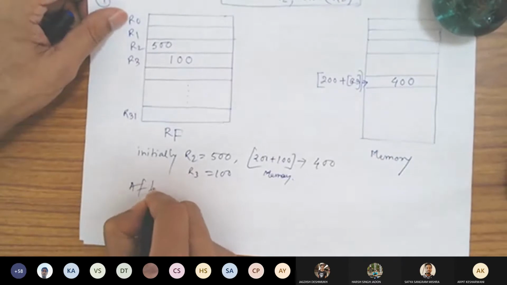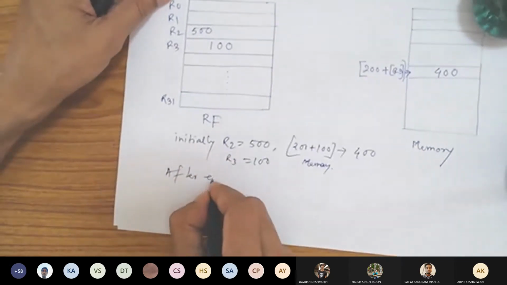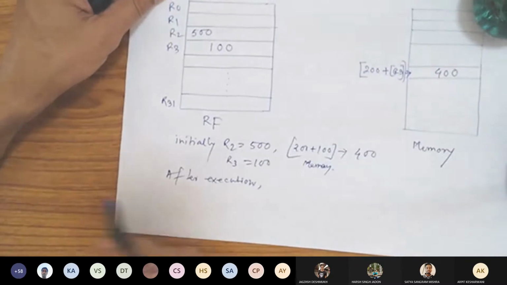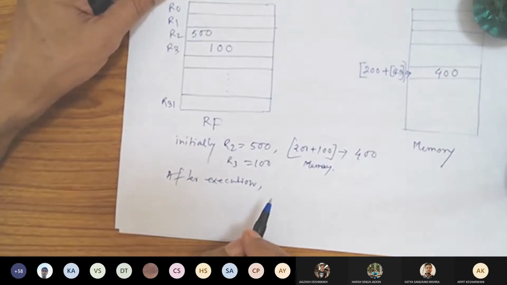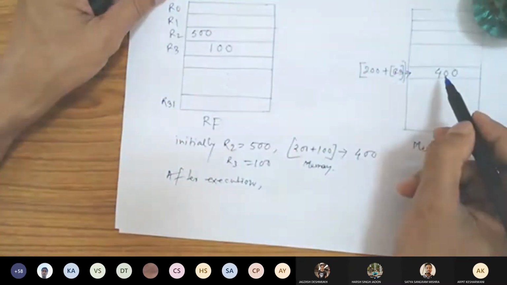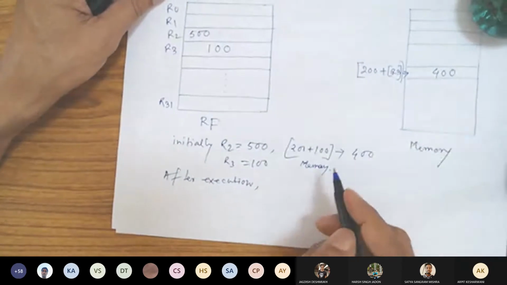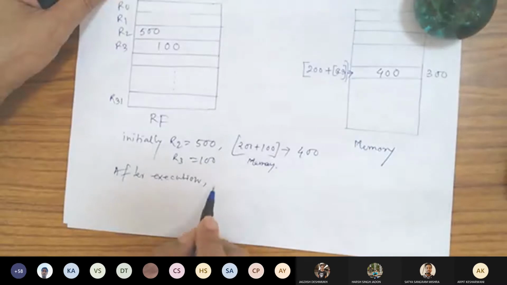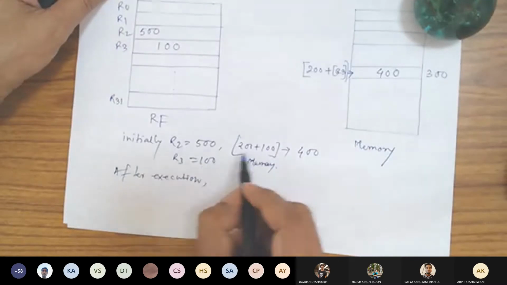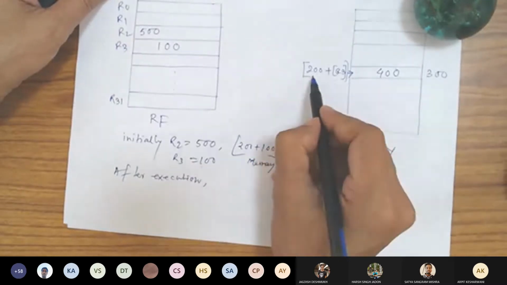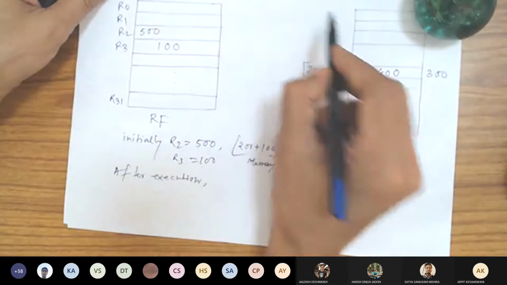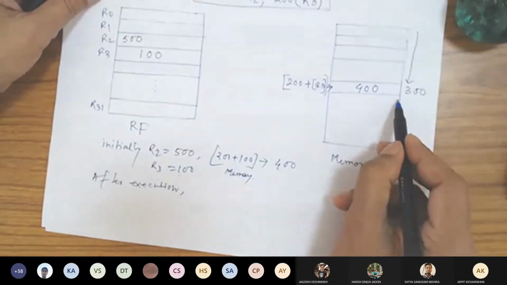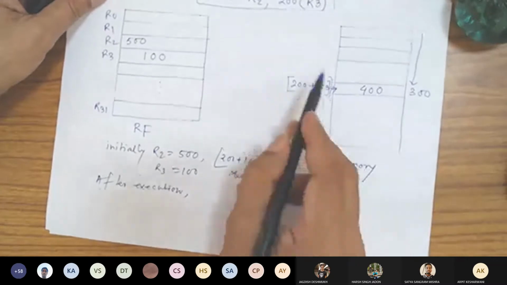After execution, what happens? The content of the memory location, what is the memory location? 300. Why 300? Because my base is R3, which is 100, plus an offset 200. I mentioned it as the offset. So the address is now 300. The content of this address, 400, will be loaded into R2.